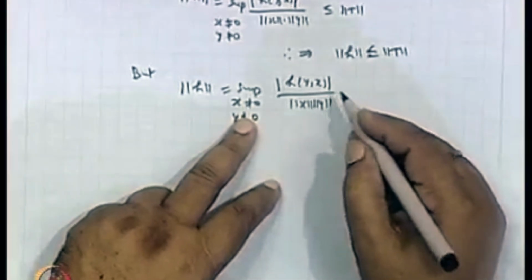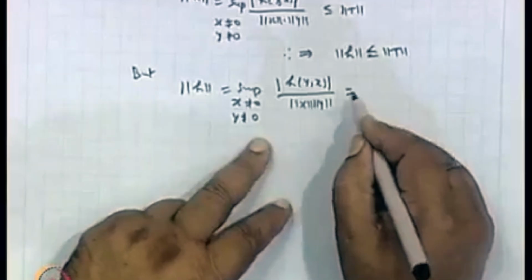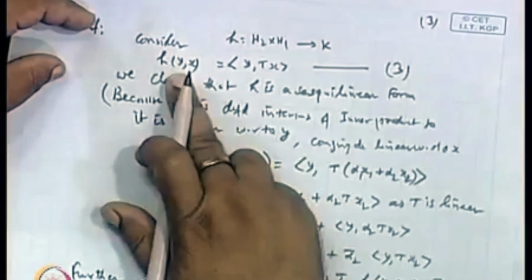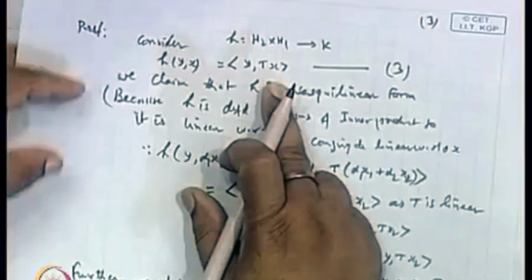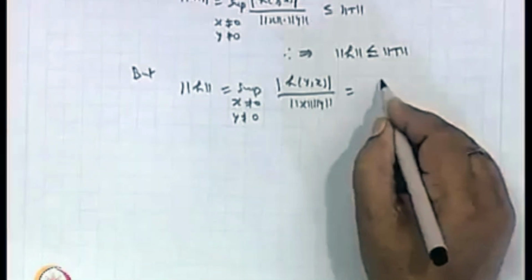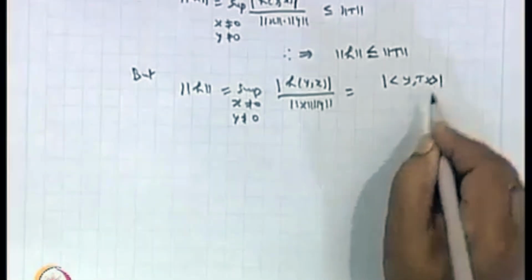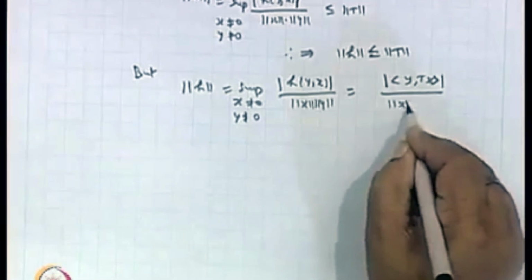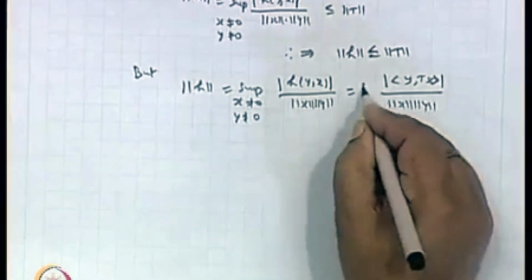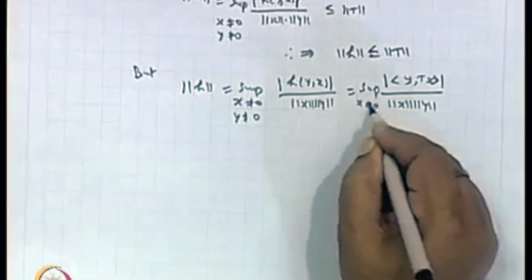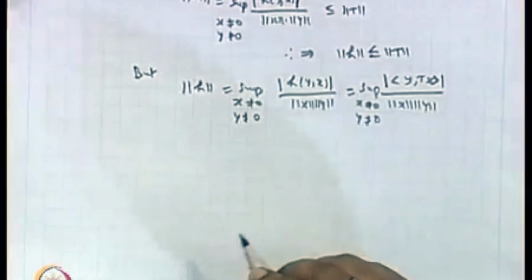According to the definition, h(x, y) is nothing but the modulus of the inner product of y, Tx. So this is equal to the inner product of y, Tx divided by norm x, norm y, with the supremum taken when x is not equal to 0, y is not equal to 0.